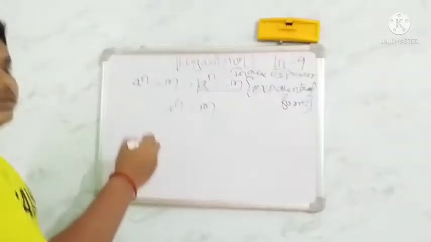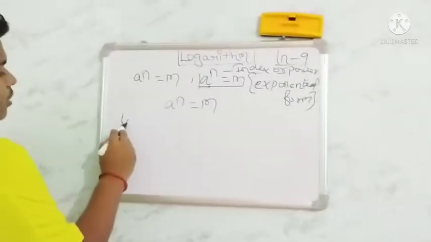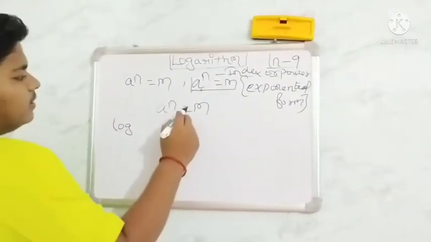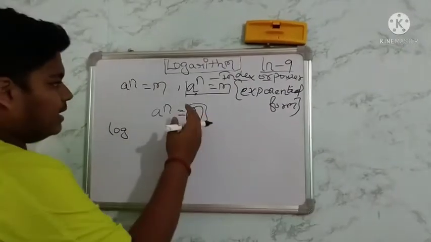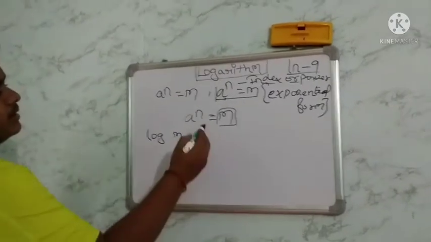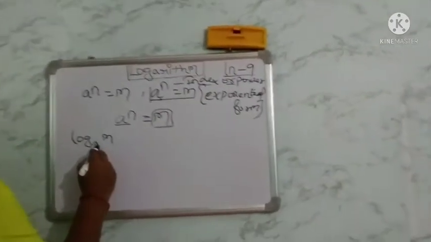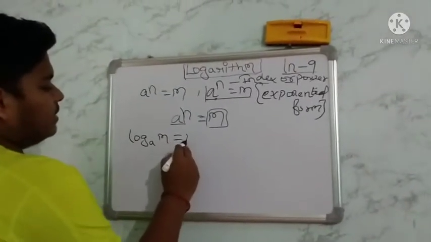To convert into logarithm form, first we write log. The number after the equal sign on the right side we keep as log of m, and this base we write as the base, log a of m, and this exponent will be written here as n.